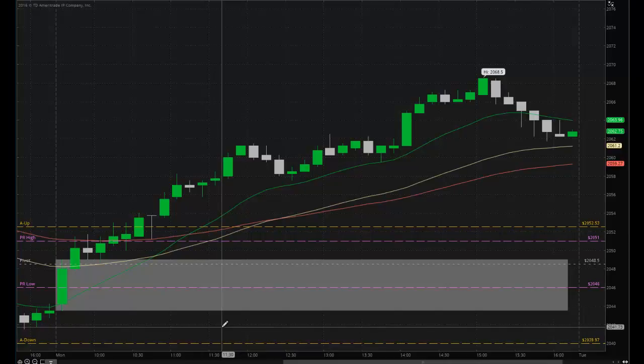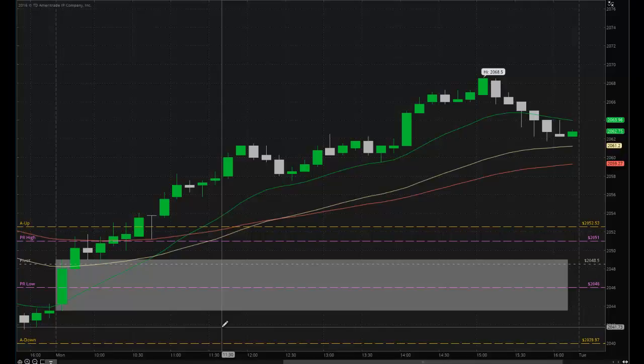These are Fibonacci numbers, and they line up with what Fisher used. Fisher used a 14, a 30, and a 50. I made mine into Fibonacci numbers, and they are exponential moving averages with the pivot formula added to it. So it's based off of high, low, and close instead of just the close.